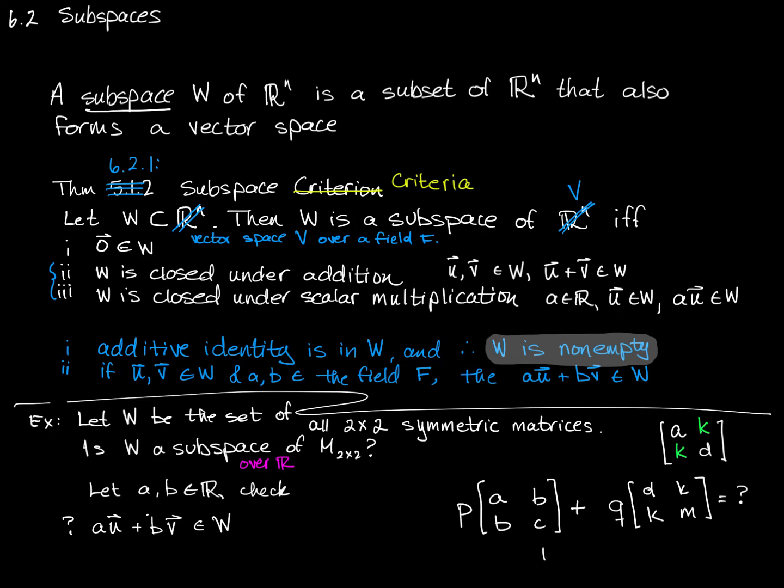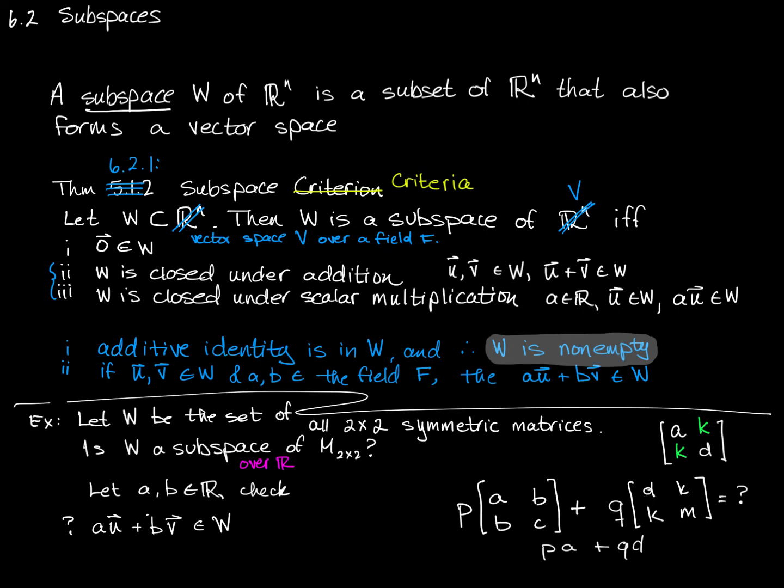I'm going to have PA plus QD for my first entry, because I'm multiplying P by all four of these entries, Q by all four of these entries, and then I'm taking the resulting entry from PA and adding it to the resulting entry from QD, and that ends up in the same position.